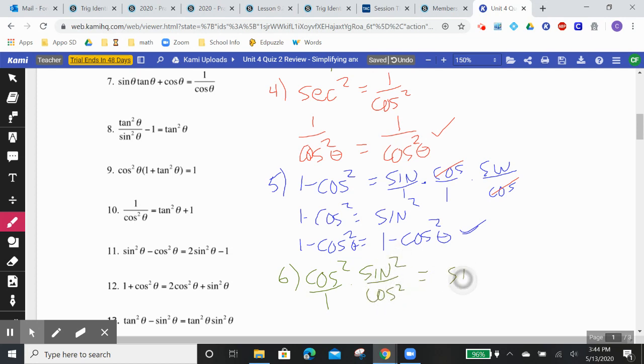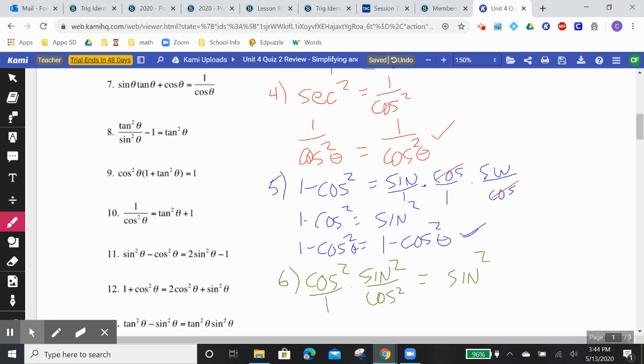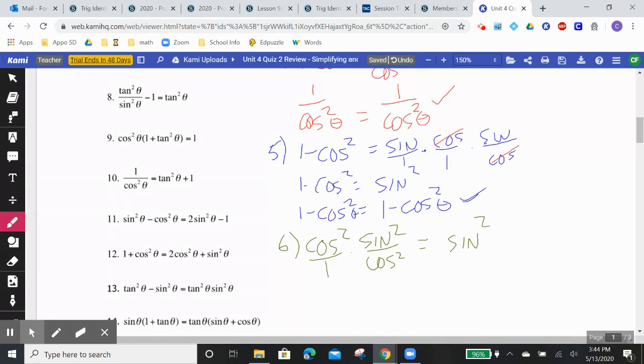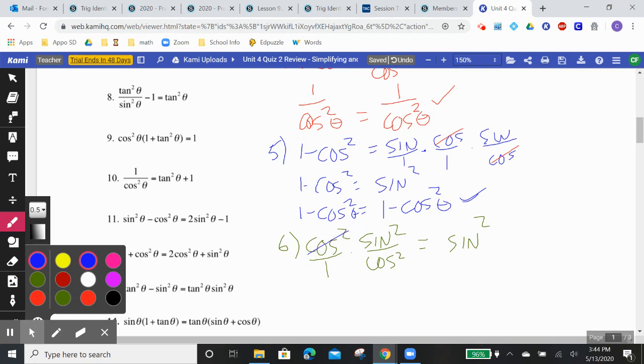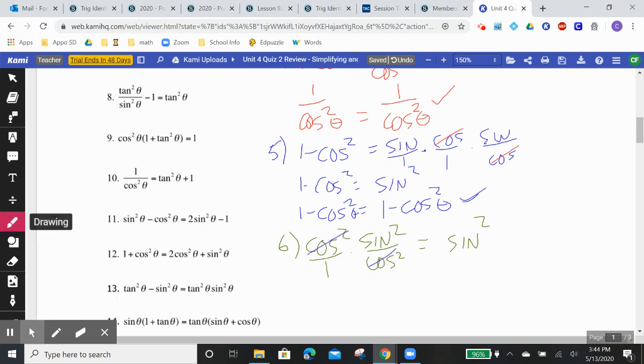That should equal sine squared. What happens here? Cosines cancel out, and we get sine squared of theta equals sine squared of theta.